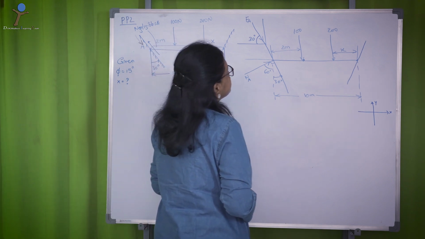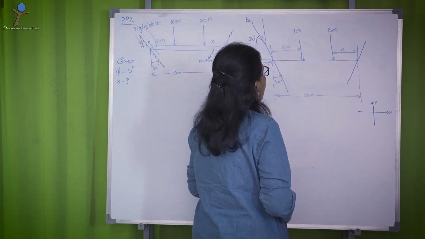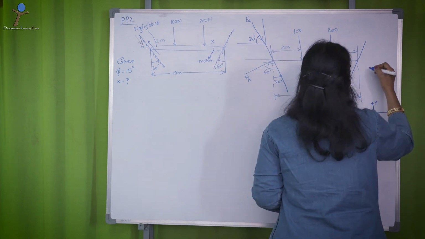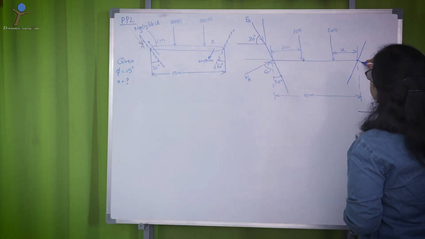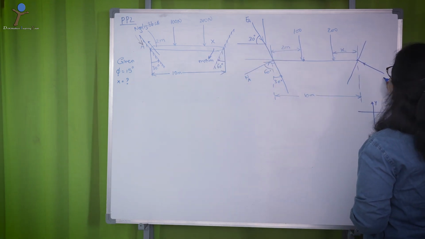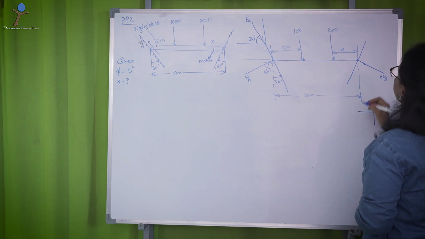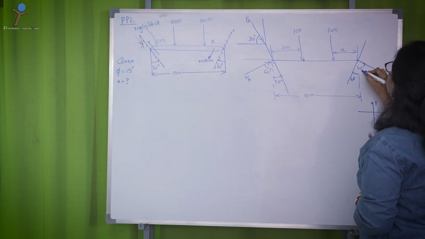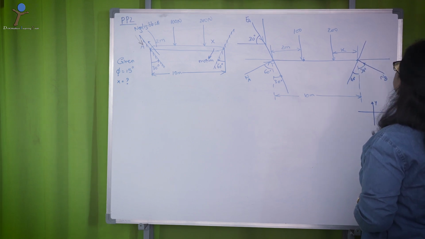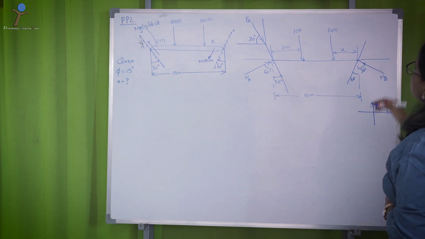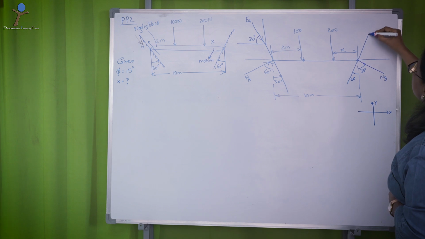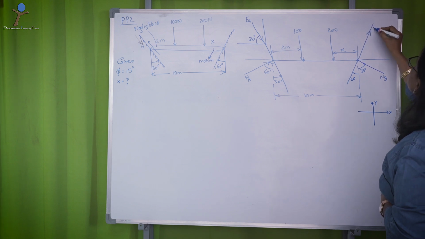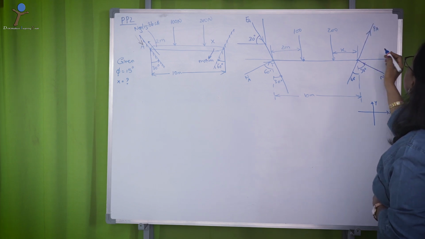Similarly, look at this. The reaction here, the same exercise, but NB, and this angle is 60, therefore, this angle is 30. Since the body is moving here downwards, your frictional resistance is upwards.